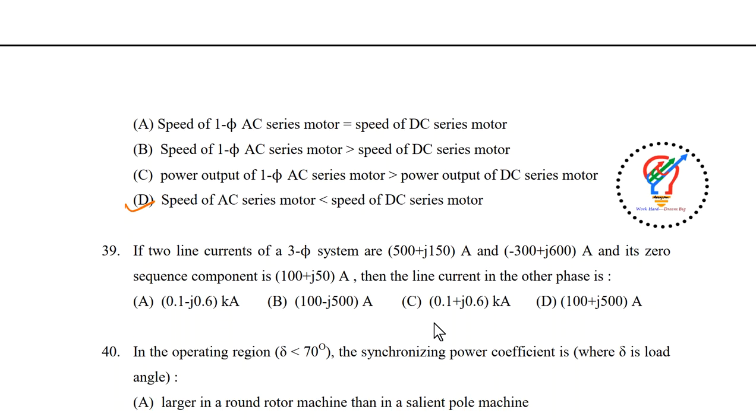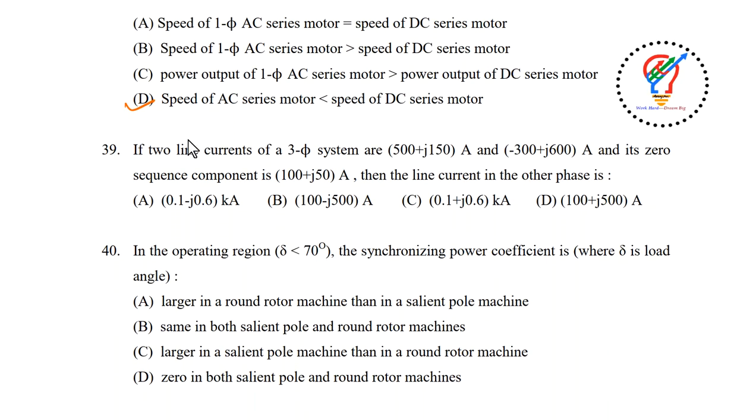Next one: if two line currents of a three-phase system are 500 + j150 amps and -300 + j600 amps, and the zero sequence component is 100 + j50 amps, then what is the line current in the other phase?